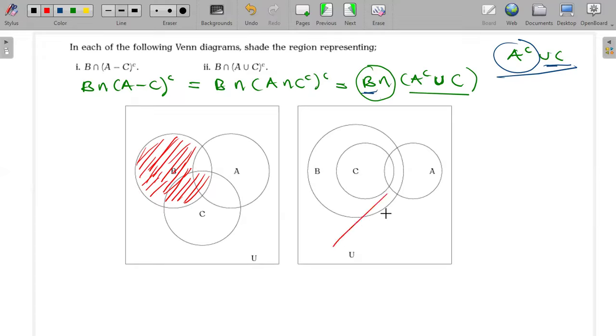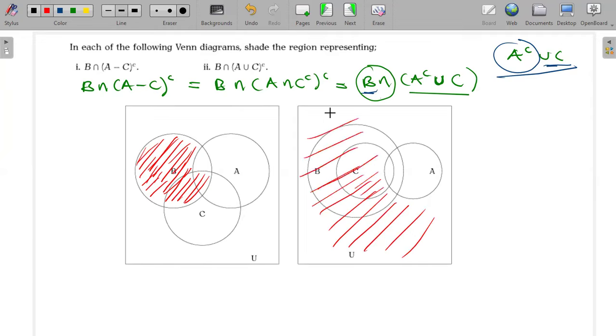Everything outside, I'll shade there. I will not touch A, I will not shade anywhere near the set A, but I'll shade outside there, like that. So that there is our A complement. Okay, so now there is our A complement, and they're telling us union C.